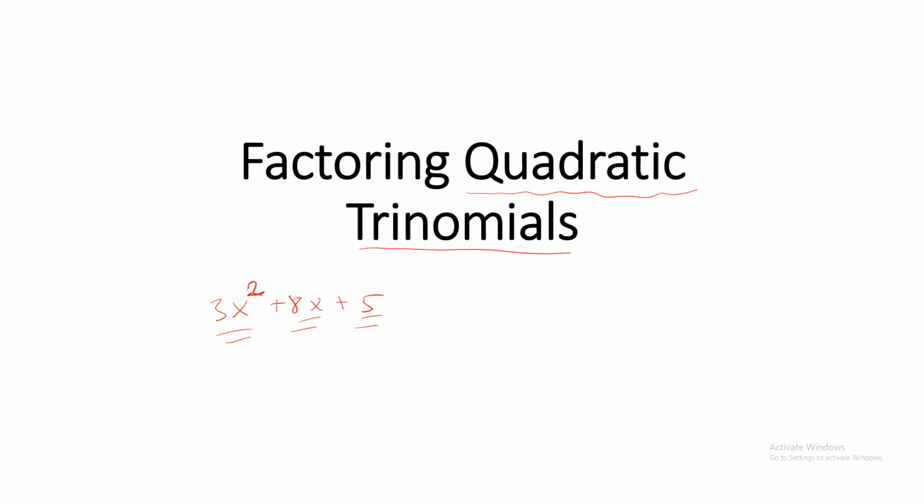Now, the standard way of writing these trinomials is from the highest to lowest power of x. So the first term should be the x squared term, the second term should be the x term, and then finally the number.